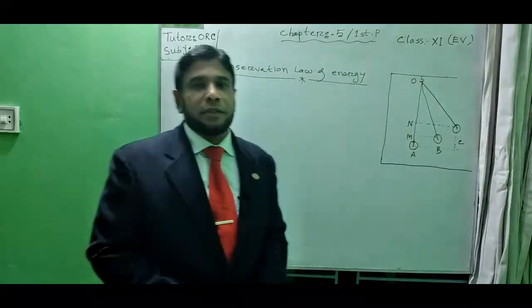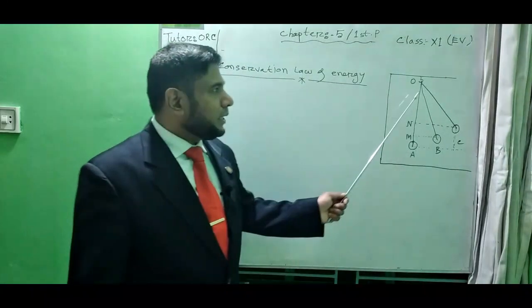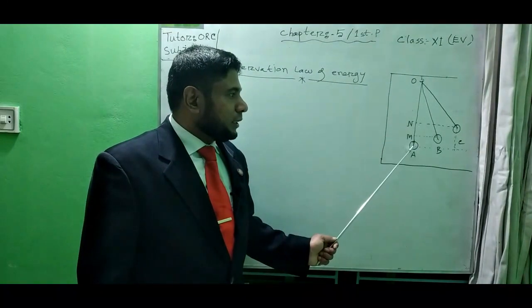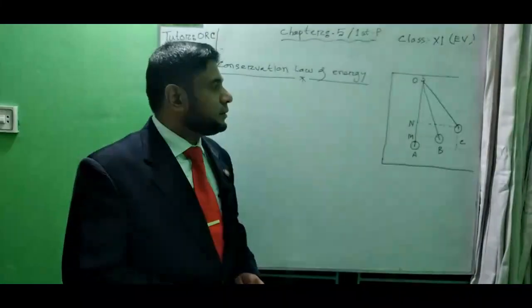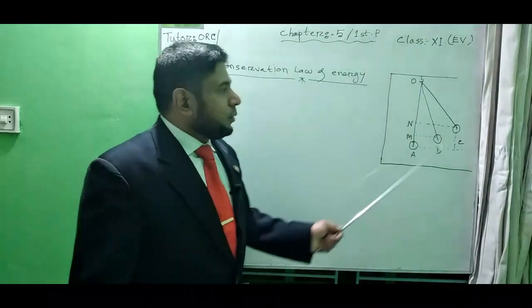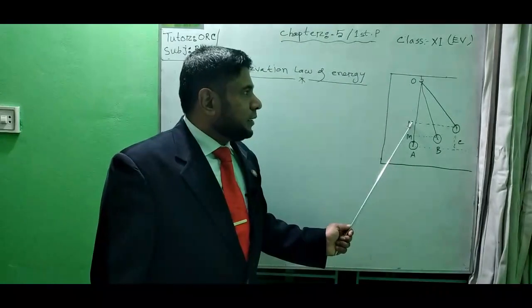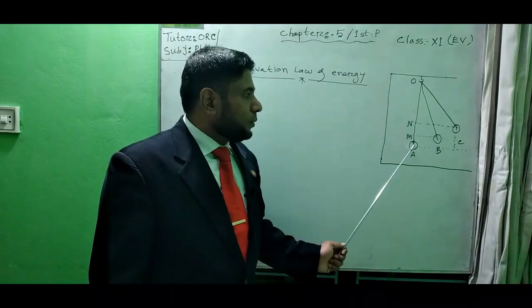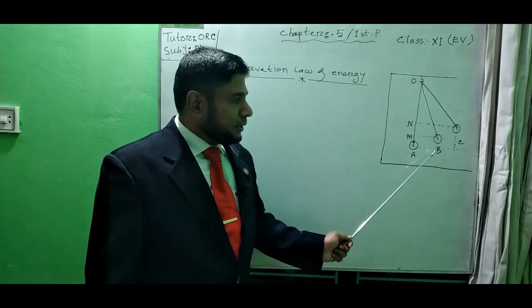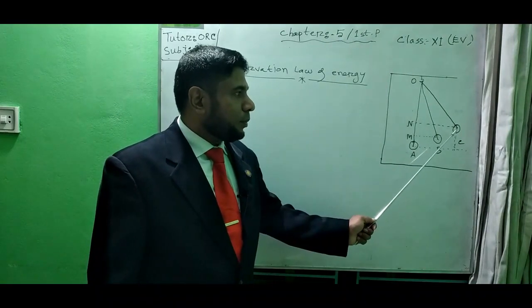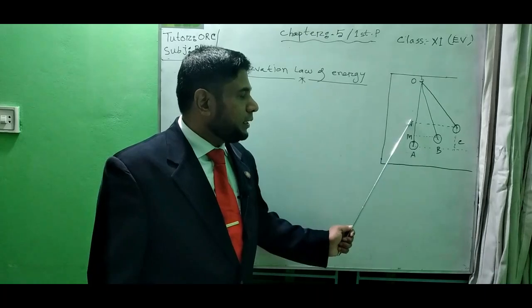From the information of effective length, we know that the length from the hanging point to the center of gravity of the bob is known as the effective length. So we have drawn a normal CN on the effective length OA. So the vertical displacement for position C will be AN.